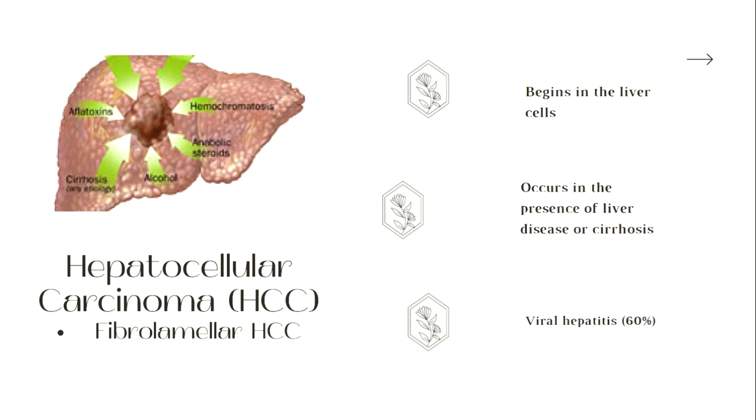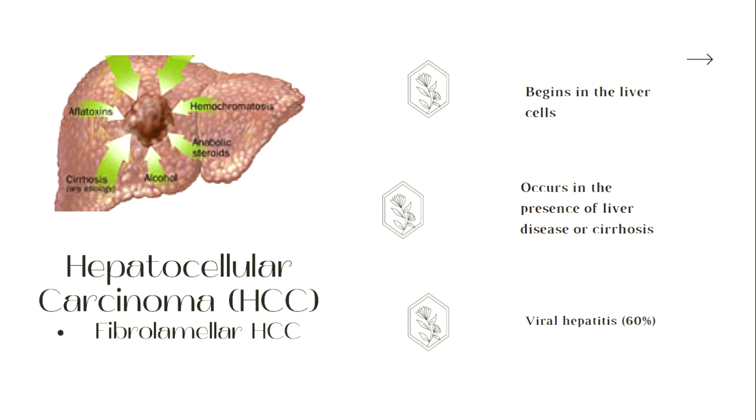So, first, let us focus on the hepatocellular carcinoma, or the HCC. Its subtype include the fibrolamellar HCC. This type of cancer begins in the liver cells, meaning it originates in the liver cells.